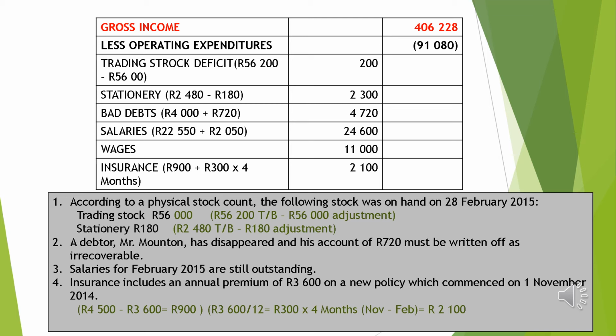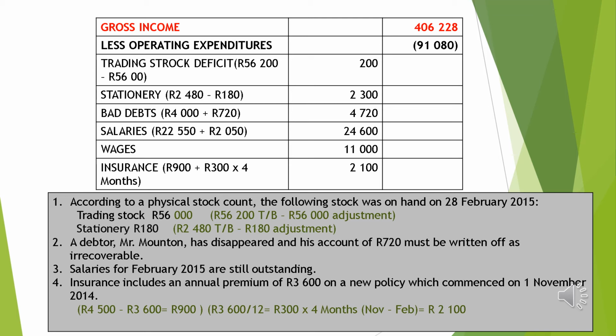Then, as per the trial balance, we are having stationery valued at 2,408.